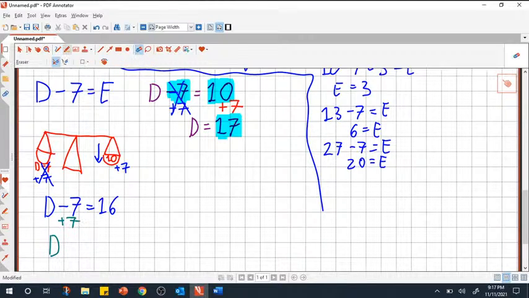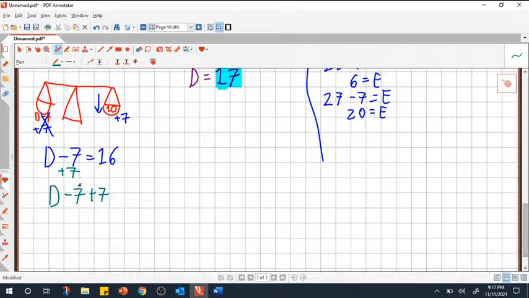The reason that works, by the way, is because if that says d minus 7 plus 7, if I combine these like terms, negative 7 plus 7, I get d plus 0, but anything plus 0 is itself. So that gets my d to be by itself. But I have to create balance in this equation, so I have to add 7 over here as well. So 16 plus 7 is 23. Yeah, we went over that, 23. So the whole time d was equal to 23.